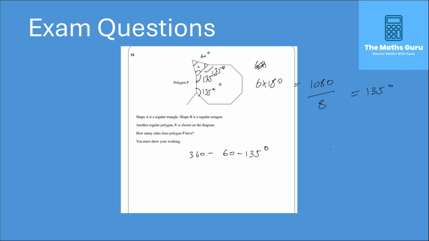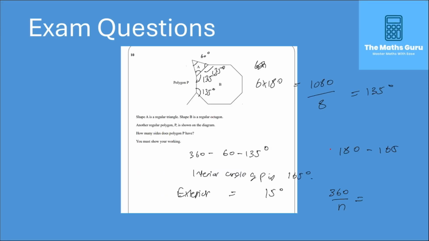So we can then say that the interior angle of P is 165 degrees, making the exterior angle equal to 15 degrees, because we're going to do 180 minus 165. Then we can use our formula that 360 over n is the size of our angle. So we can do 360 over 15, which gives us our 24.